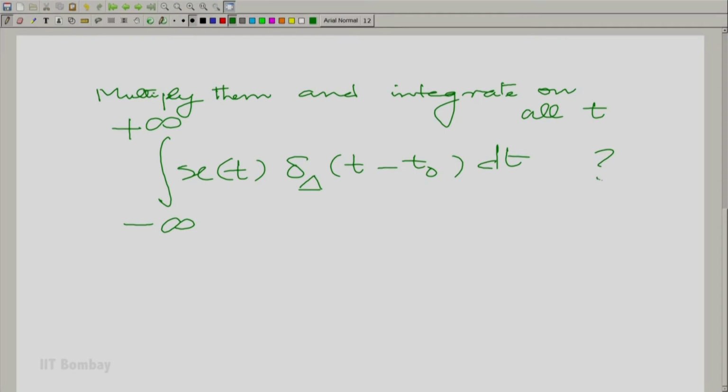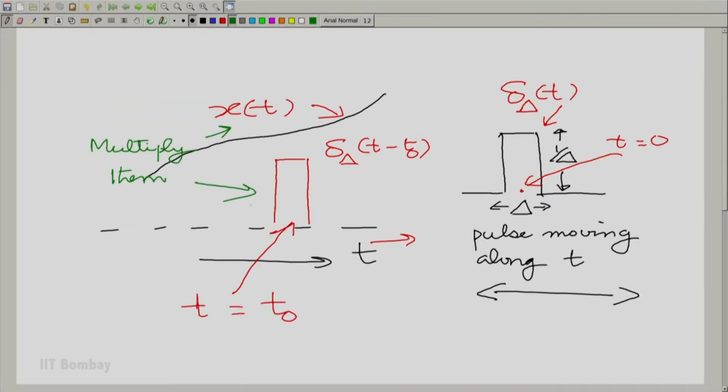What do I get? Now here you need to do a little bit of thinking. So visualize that you actually have this pulse lying at t0 as it were, and essentially this capital delta is small enough so that the function x of t here is almost a constant on that interval.